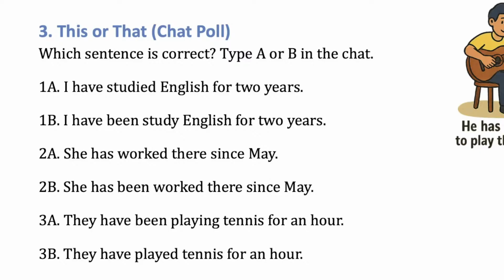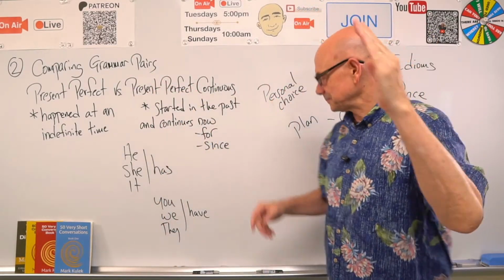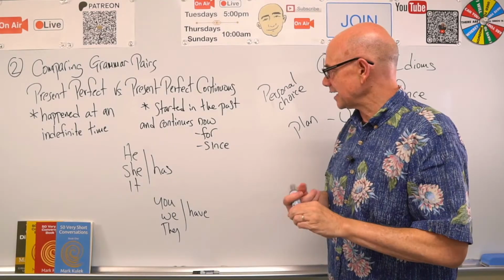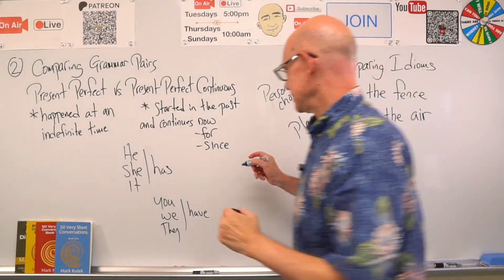So Christina, 1 is B because it's a continuous... Oh, you know what? There's a spelling, or there's a typo. I have been studying. Uh-oh. I just noticed that. I have to fix that. So it should be studying.